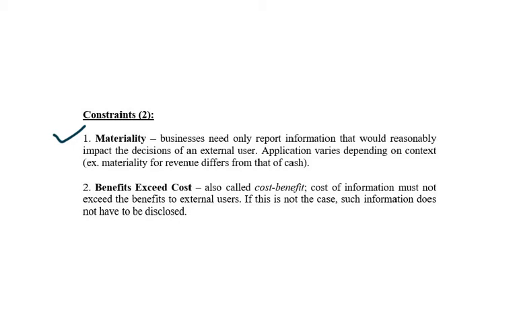On the other hand, when I talk about materiality in the context of a bank reconciliation and you're off by $500 and the account is $10 million, would you look for the $500 discrepancy? The answer is yes, because somebody could be stealing from me.